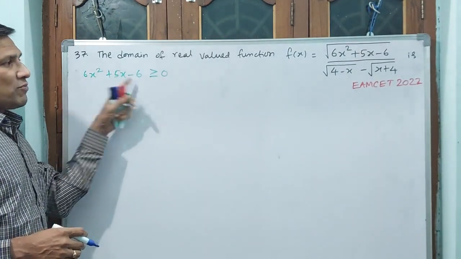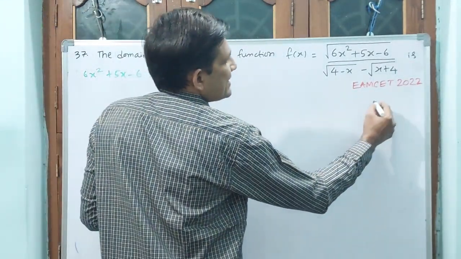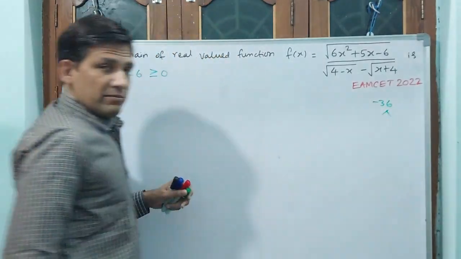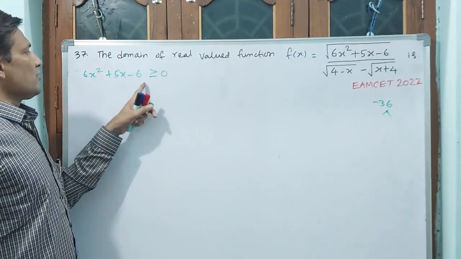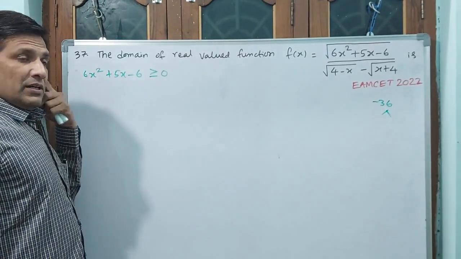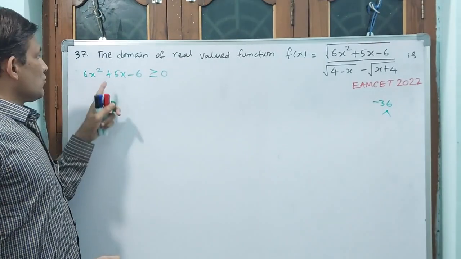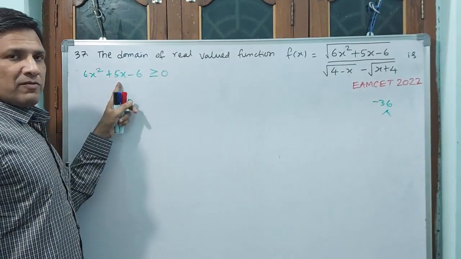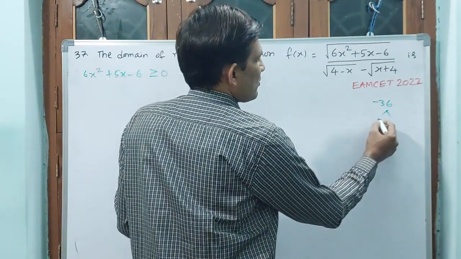You see, 6 into minus 6 is minus 36. I am bringing the factors. If you multiply, minus 36 should come, and if you add or subtract, plus 5 should come.